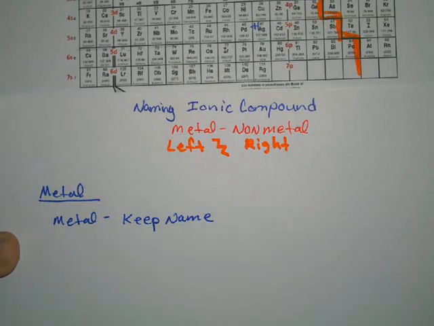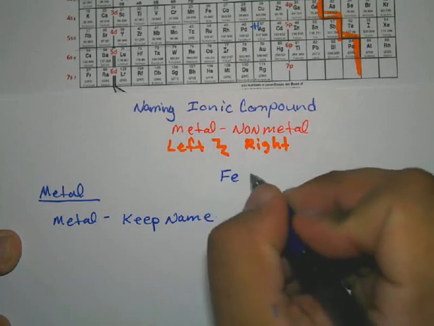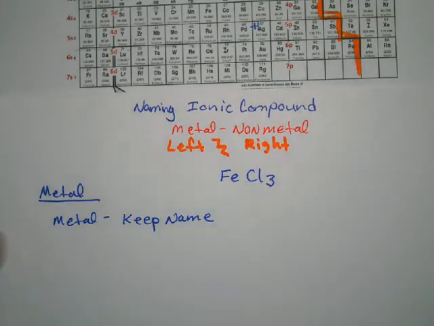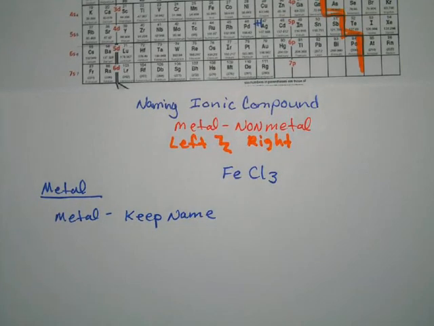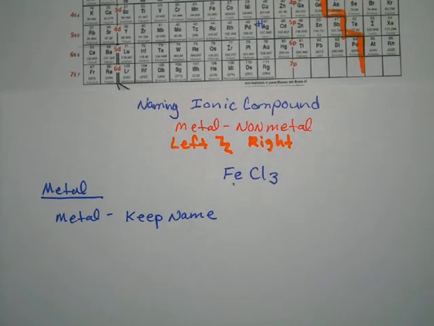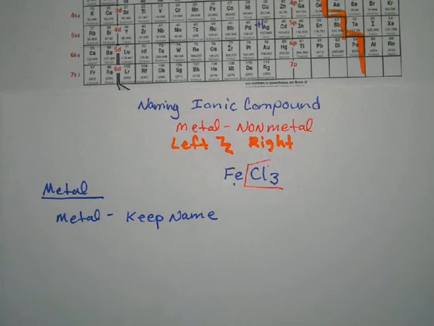So if I was looking at an example like FeCl3, if I was naming this compound, this will just be iron, because the metal always keeps its name. You could break this into two parts: the metal and then everything else. So the metal keeps its name, really simple.